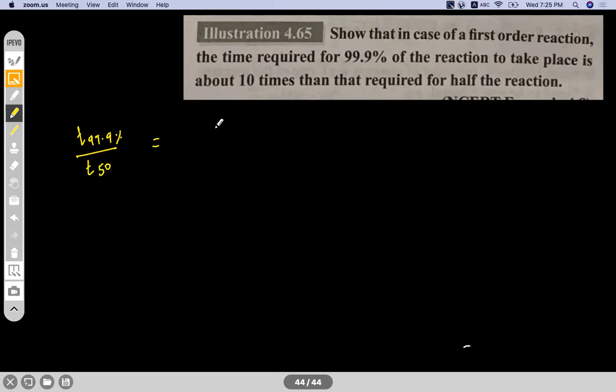You will have ln of, percent if it is there, so I'll assume 100. 100 divided by 100 minus 99.9, divided by ln 2, right? So could we also do it by taking log? ln 2 is 0.30, and this you will get ln of 10 to the power 3.